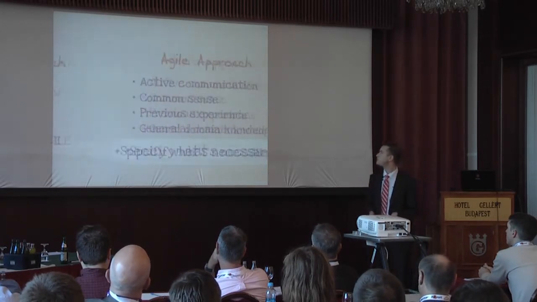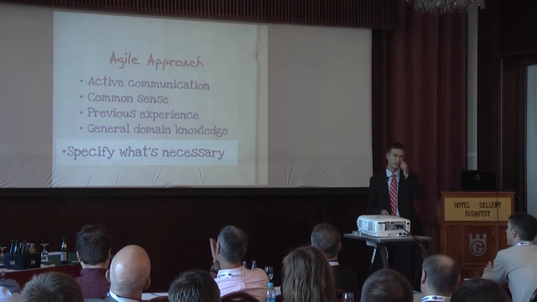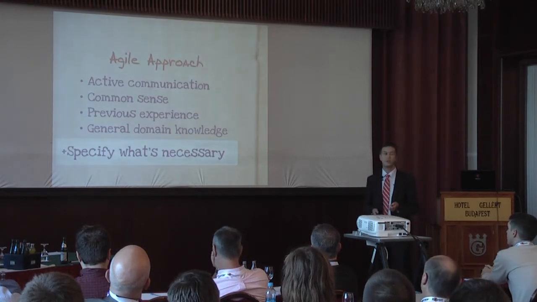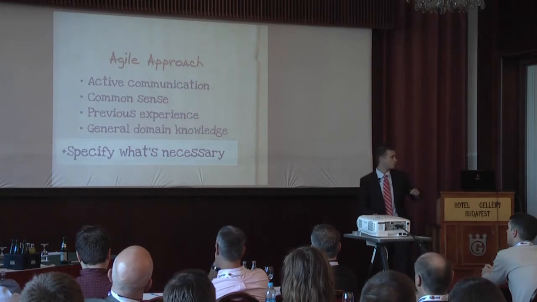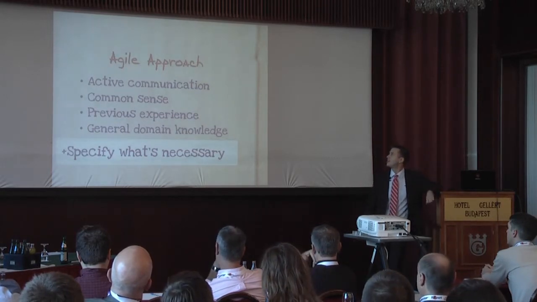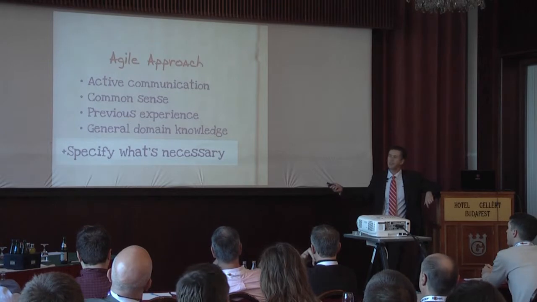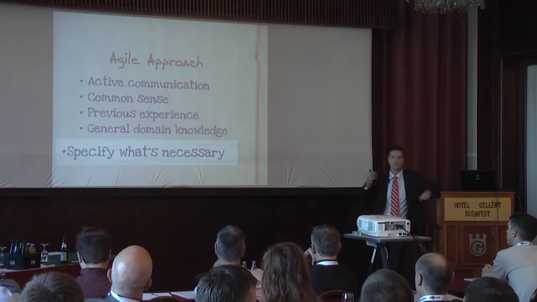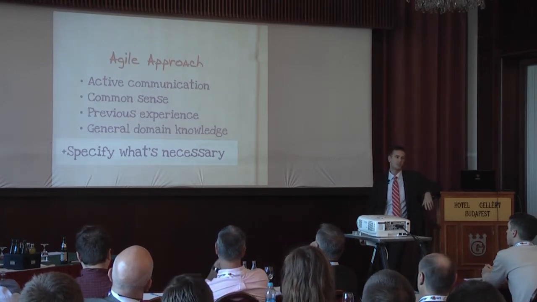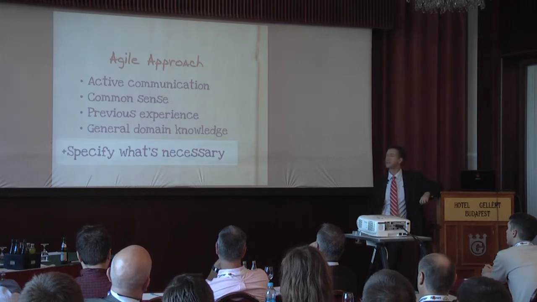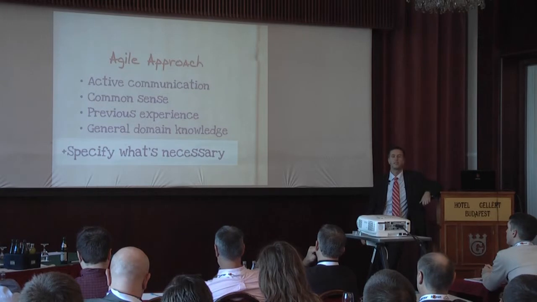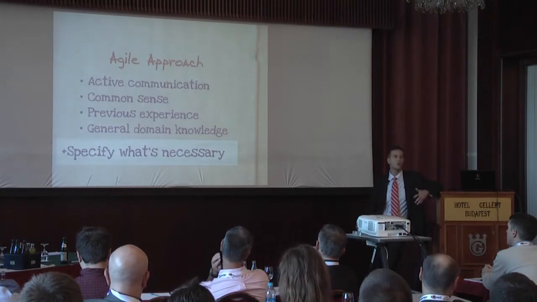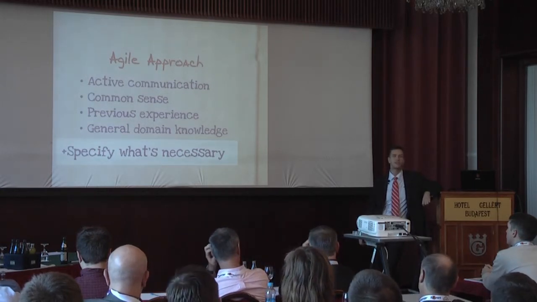Now when you move to the agile world, the scenario is different. You have all sorts of other tools when you explore what the system should be doing. We have active communication. We have our own common sense. We have previous experiences from other projects. We have general domain knowledge, like when you're a banking expert or have done multiple banking projects, you already know what the financial expectations are in a certain area.